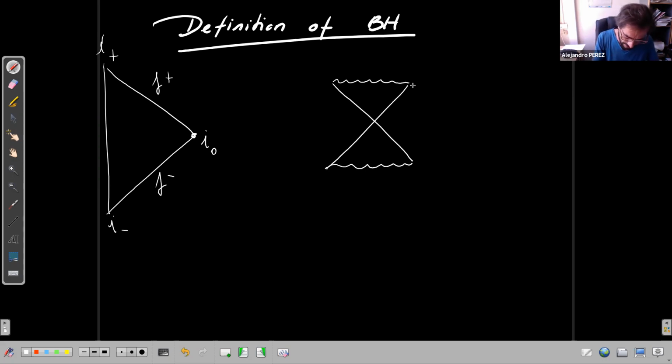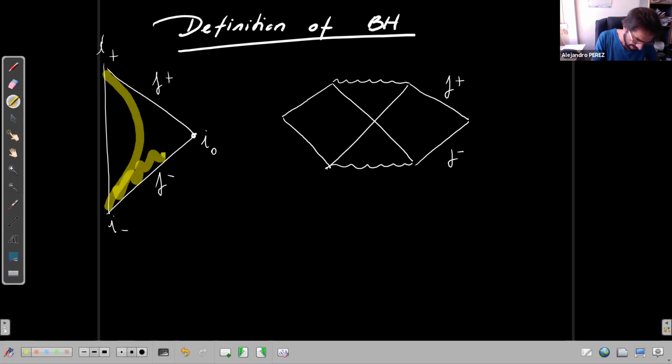So for instance, if we consider the maximal extension of the Schwarzschild solution that we discussed last time, it will have to look like something like that. There are two asymptotically flat regions, two regions where, when you take the naive limit r going to infinity, the metric becomes closer and closer to the Minkowski metric, and therefore in each one of them there will have to be a structure that resembles Minkowski.